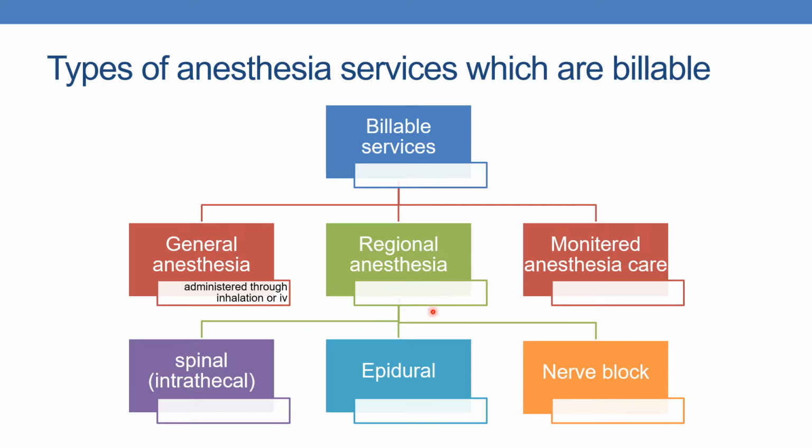Regional anesthesia is again divided into spinal, epidural or nerve block. Spinal is nothing but intrathecal. So the billable anesthesia services are general anesthesia, regional anesthesia which includes spinal or intrathecal anesthesia, epidural anesthesia and nerve block. And finally monitored anesthesia care.